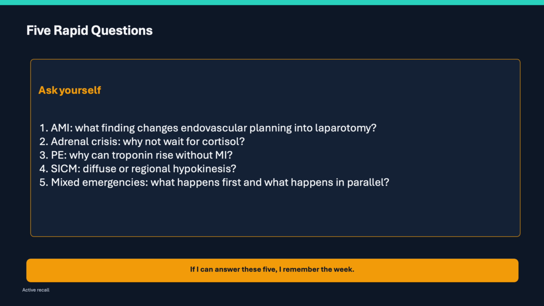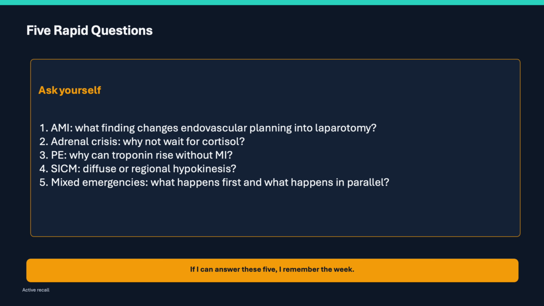Question number 3. Why can troponin rise in pulmonary embolism without an acute coronary occlusion? Because acute right ventricular pressure overload can cause right ventricular ischemia and myocardial injury. Question number 4.